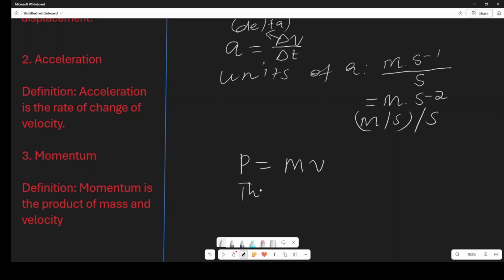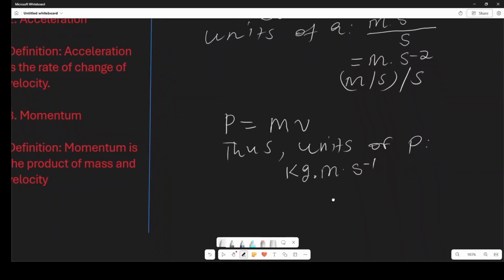So thus the units of P, which is momentum, should be, what are the units of mass? This is kilograms. And what are the units of velocity? Meters per what? Per second. So the units of momentum are kilograms meters per second.